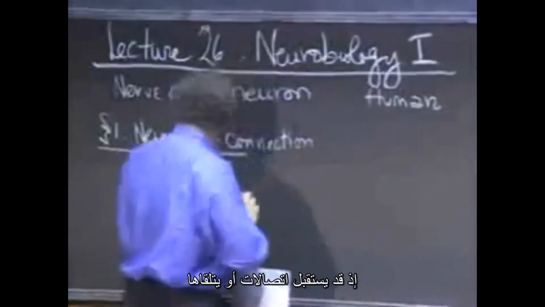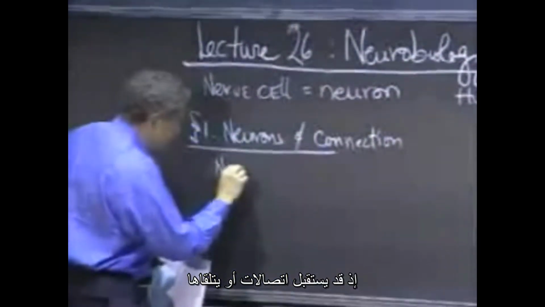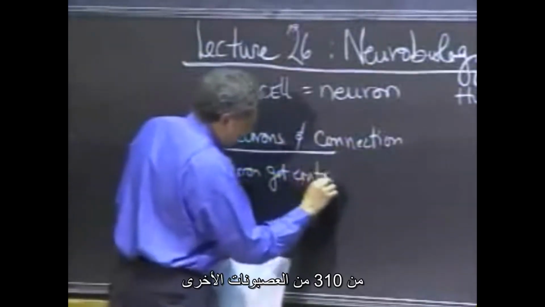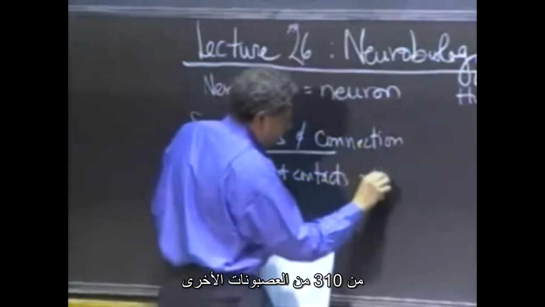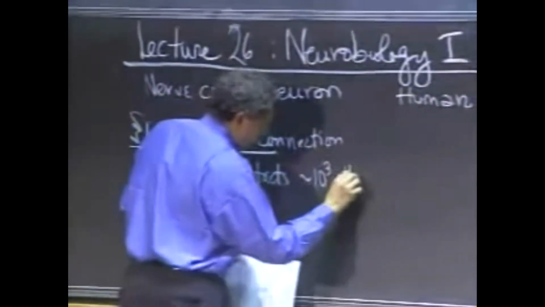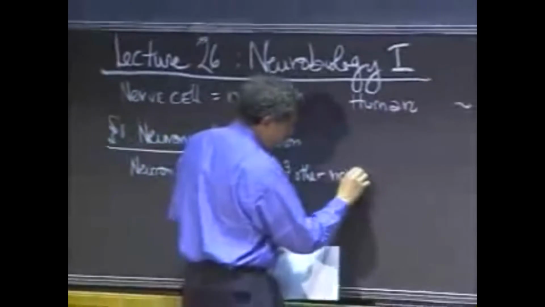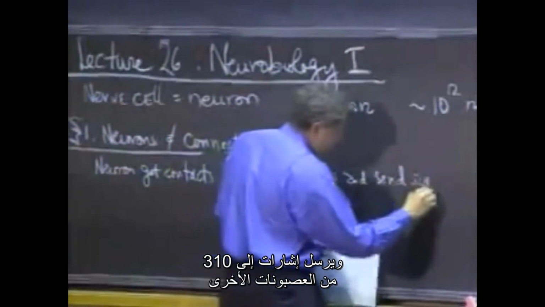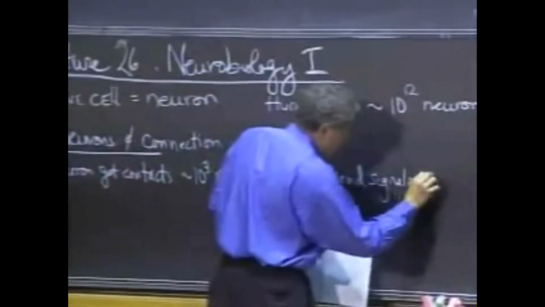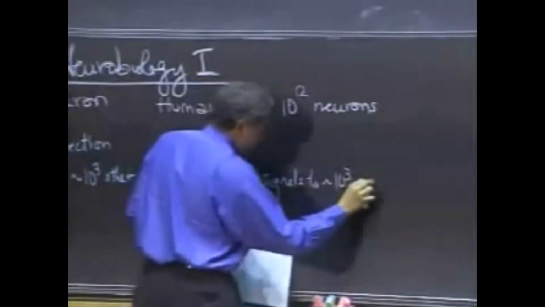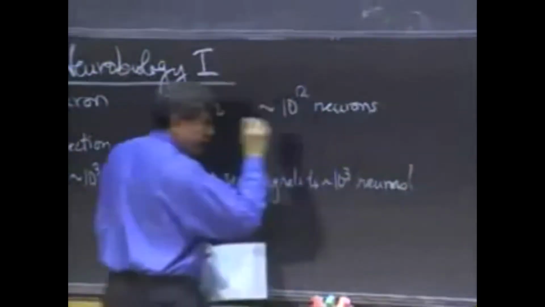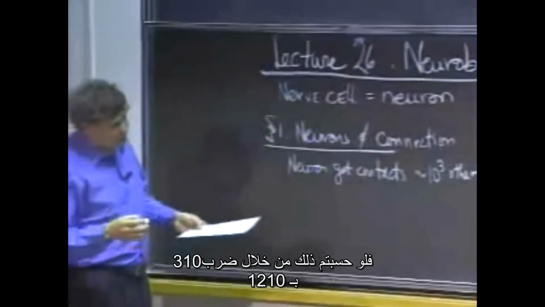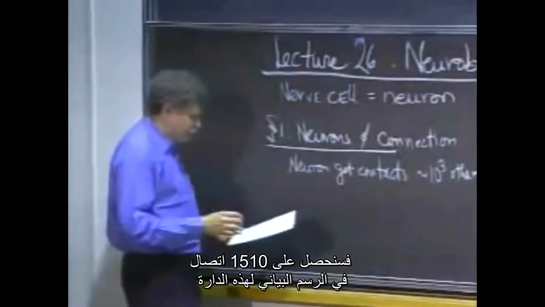It might receive contacts from 10 to the 3rd other neurons, and send signals to 10 to the 3rd other neurons. So that's a lot of connections. If you figure 10 to the 3rd times 10 to the 12th, 10 to the 15th connections in this circuit diagram.